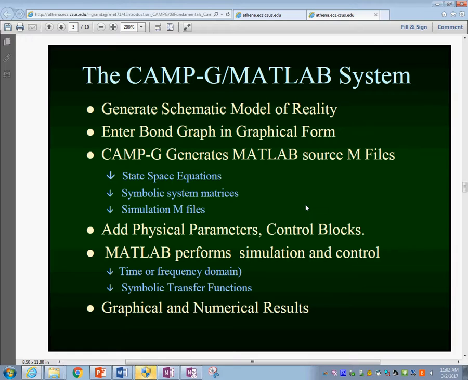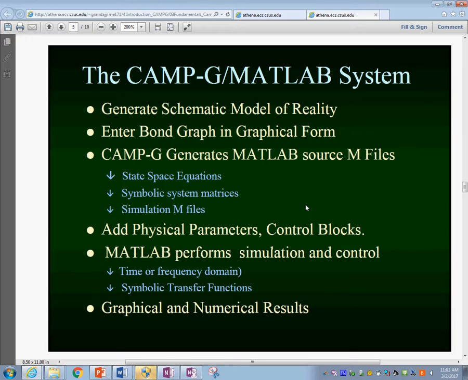Actually, that's more than that, but this is what we need at this time. It will automatically derive the state space equations. It will do the symbolic system matrices that those equations require, and will perform the simulation using these M files in MATLAB.